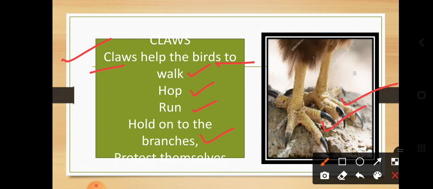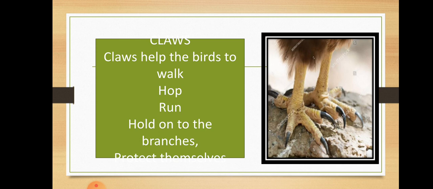So what is the help of these claws? This helps the birds to walk, hop, run, and hold onto the branches, as well as protect themselves. With the help of our legs, we run from any difficult situation; in a similar way, birds can also run. So this is the need of claws in the birds.